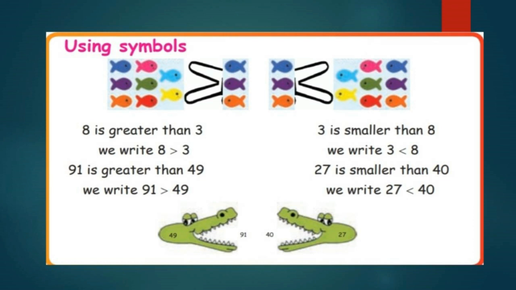On this side we are having 8 pictures. 3 is smaller than 8. We write 3 less than 8. Then the mouth should open towards 8. The next one, 27 is smaller than 40. We write 27 less than 40. Then the mouth must open towards 40.